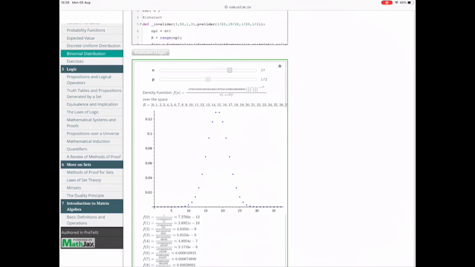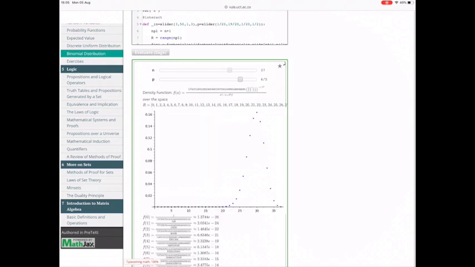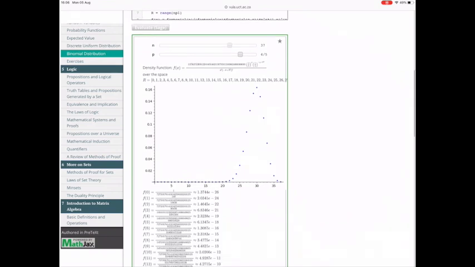But what happens if we change the probability? So let's change the probability of success to 4 out of 5. We'll notice that this skews our distribution quite heavily, so that it looks like our highest likelihood, our highest probability is getting 30 successes, whereas getting 0 successes is very unlikely in this case.